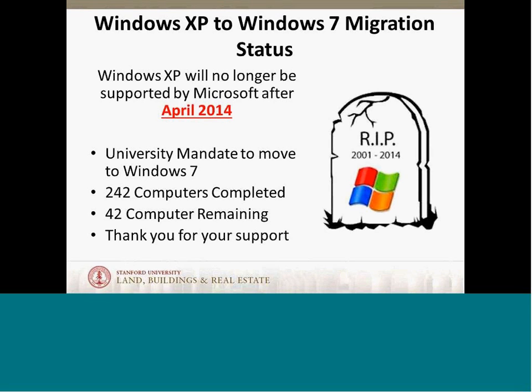So we basically skipped Vista altogether, right? Since Windows 7 came out, we've been pushing out Windows 7 computers. Over the last couple of years, when we were buying new computers, we were pushing out Windows 7. And that's why we're phasing out Windows XP.